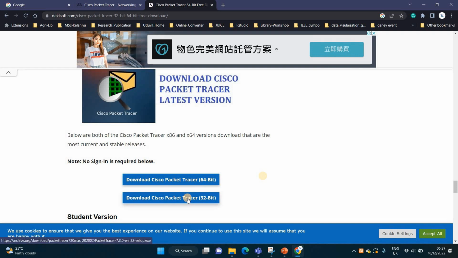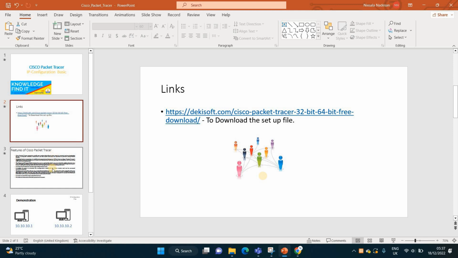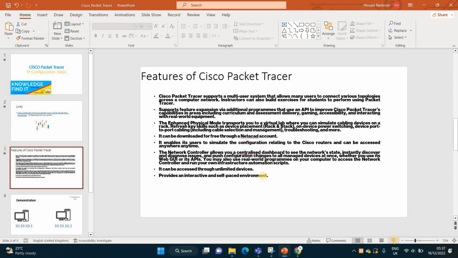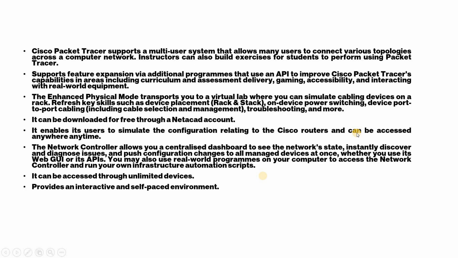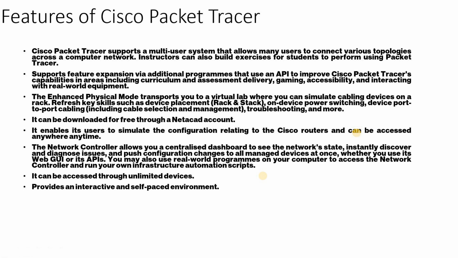That's why I'm going to select the 64-bit download setup file. So I just click that tab and wait for a minute for it to download. You can download it through that link.